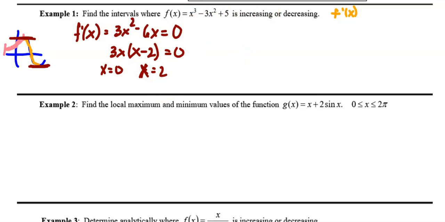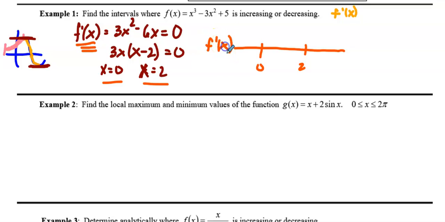Now, I want to know where it's increasing or decreasing. This is another thing that I have my students do: create a number line and use these critical points, our critical values. Our critical values are 0 and 2. We want to plug into the first derivative to see the behavior of this graph, so f prime of x is what we want to look at.